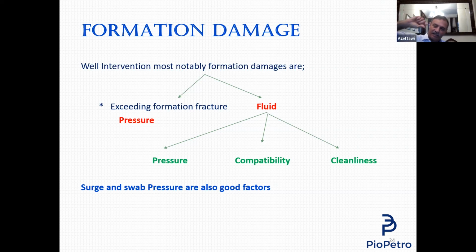The Christmas tree, from bottom, it is the lower master valve, then we have an upper master valve. Then you go this side, you have the flowing valve that allows the flow of the hydrocarbon to the production line facility. When you close this valve, close it as quickly as possible, not slow.